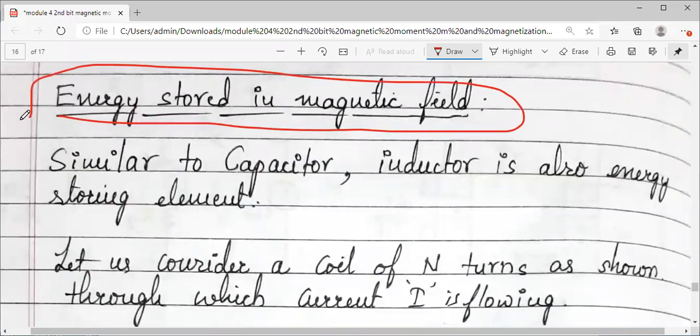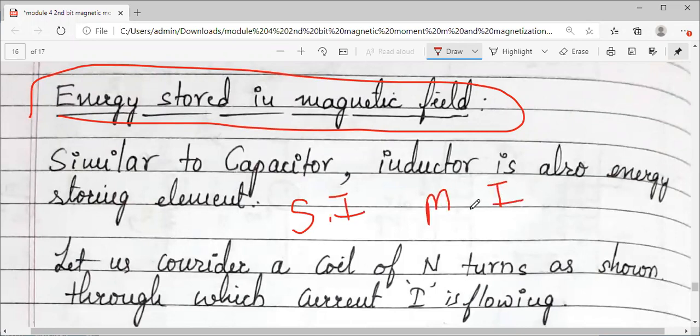Prove that the energy stored in a magnetic field is given by so and so. So this is one important derivation. These three things: basic definitions, a magnetic circuit example to see what basic terms are there in that circuit, and the important derivation, energy stored in the magnetic field.